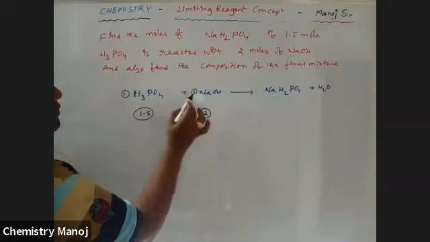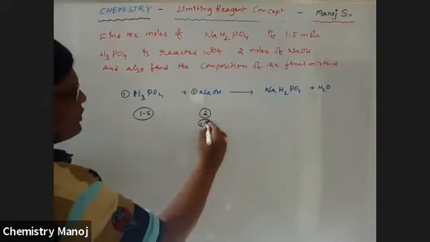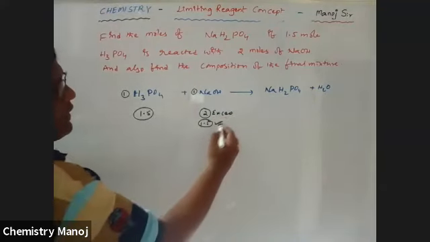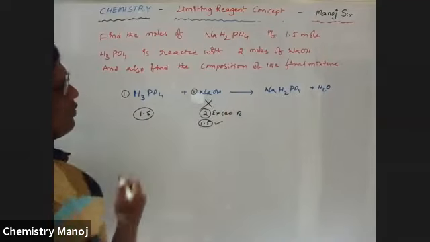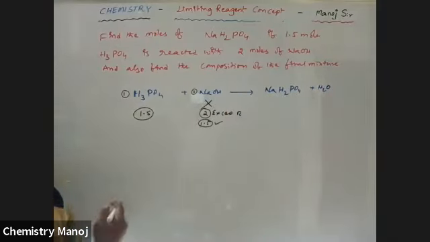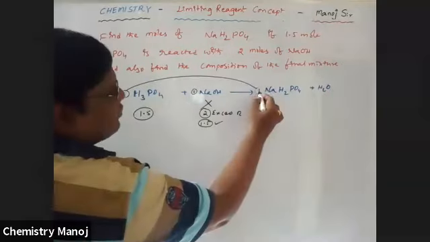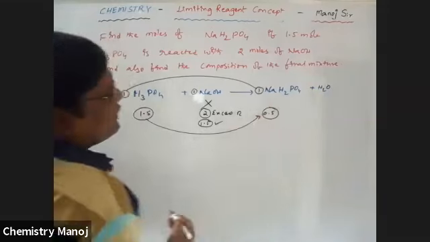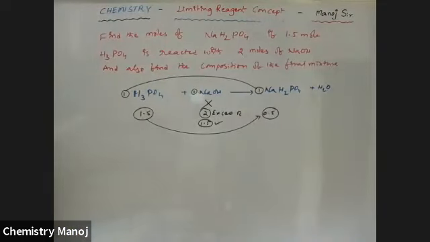Now 1 mole requires 1 mole, so 1.5 moles requires 1.5 moles. It is required, but NaOH is in excess, so there is no need for that one. Now 1 mole gives 1 mole NaH2PO4, so 1.5 moles gives 1.5 moles NaH2PO4. So the total calculation is only with respect to the limiting reagent, and we identify that limiting reagent.